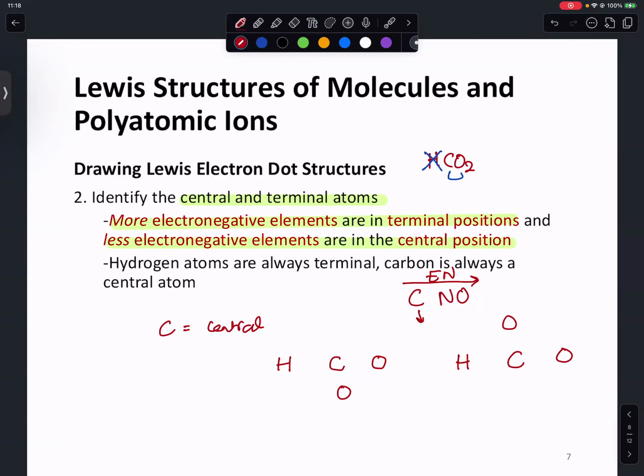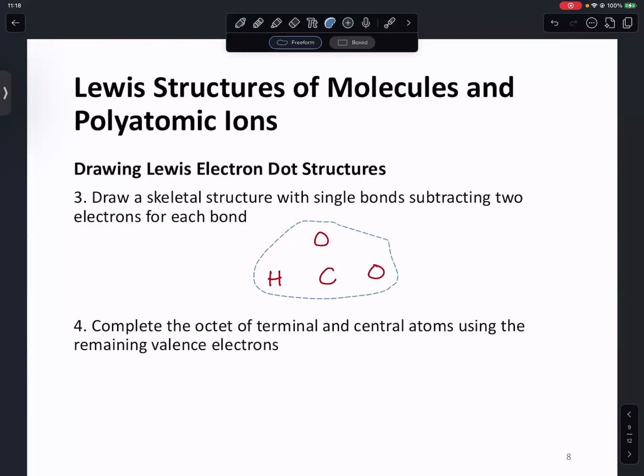Now what we're going to do with this arrangement, let me copy and paste it and go to the other slide. And now I'm going to draw out the skeletal structure by adding single bonds. And for each single bond I'm adding, I'll be subtracting 2 electrons for each bond. So we're really keeping account.